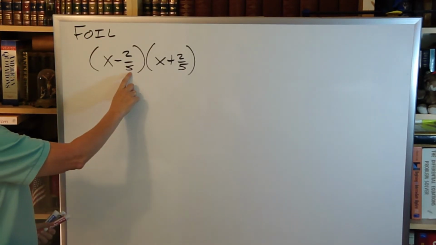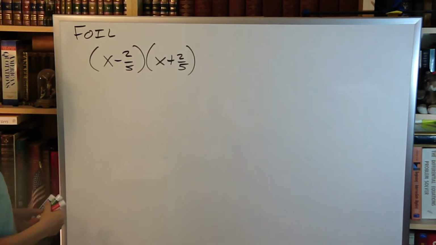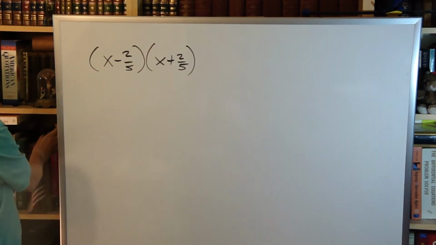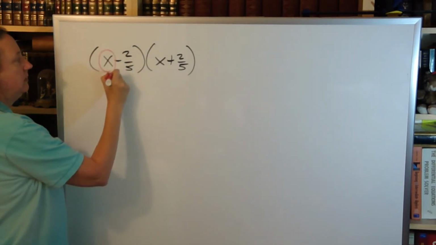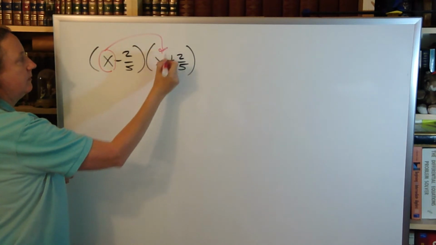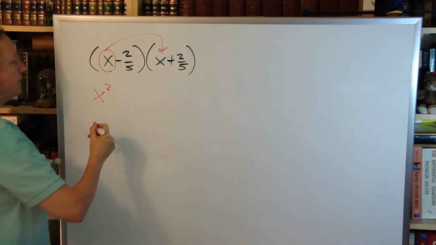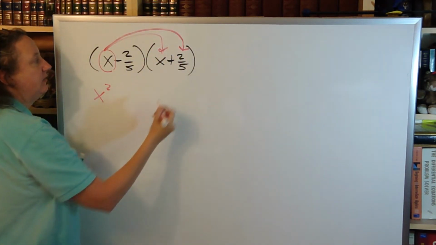Foiling with fractions and different signs. We take the first times the first. It gives us x squared, x times x squared. We take the outside times the outside.